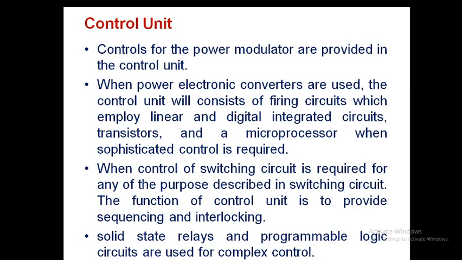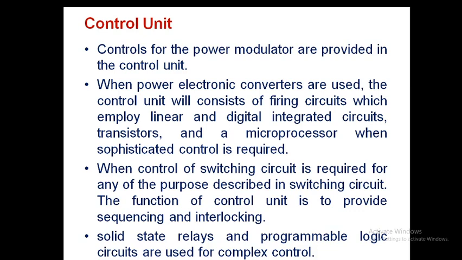When control of a switching circuit is required for any of the purposes described, the function of the control unit is to provide the sequencing and interlocking. So the sequence of pulses needs to be provided properly, because when you are using power electronic switches, we need to fire them properly in a sequence.